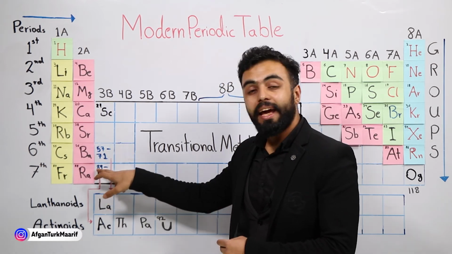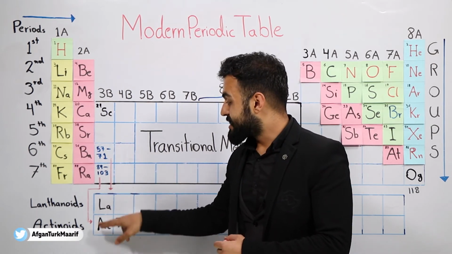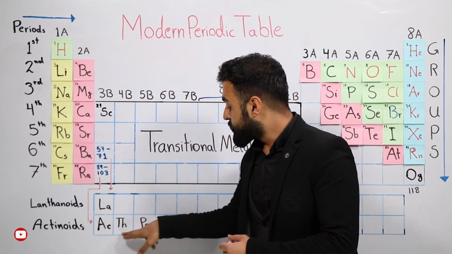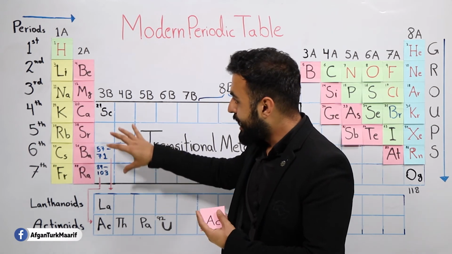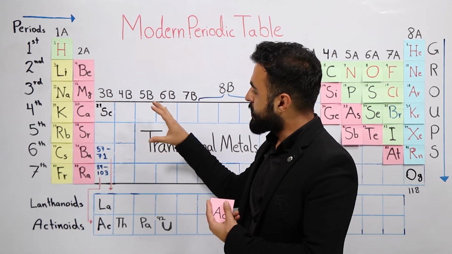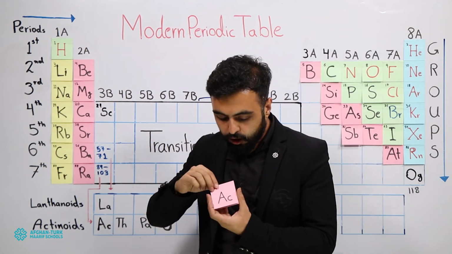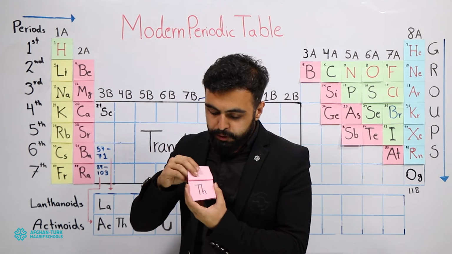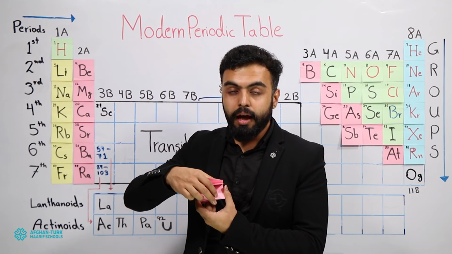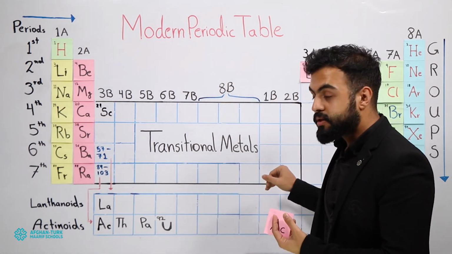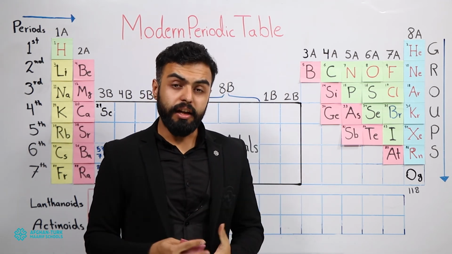And here, from 89 to 103, actinium is located, and 14 others are located beneath the actinium, like this, because we have a 2D periodic table. Most of the time we write them outside the table, but actually they are like this: actinium, and beneath that the next one, and so on, until the 14 elements are located there. So these are called the periods.